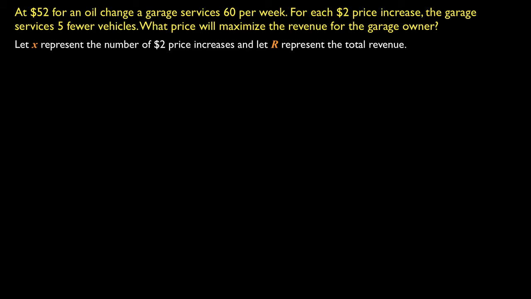To help build a relationship between R and X, I'm going to give you just a table of values here, where we're going to look at the price increases, the price for the oil change after the price increase, and the number of vehicles that we will be servicing at this garage. So if I have no price increases, in other words, if I make no change in the current price, it's $52, and the number of vehicles serviced is 60.